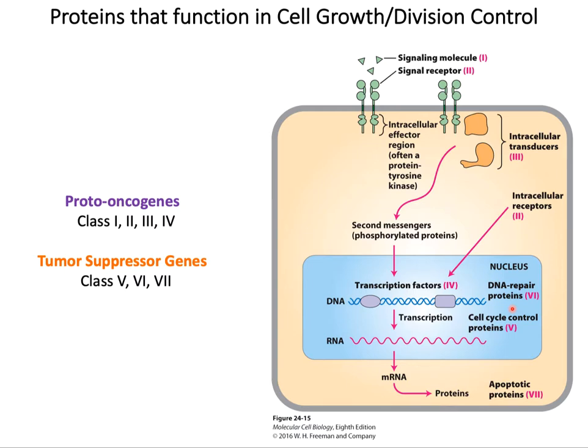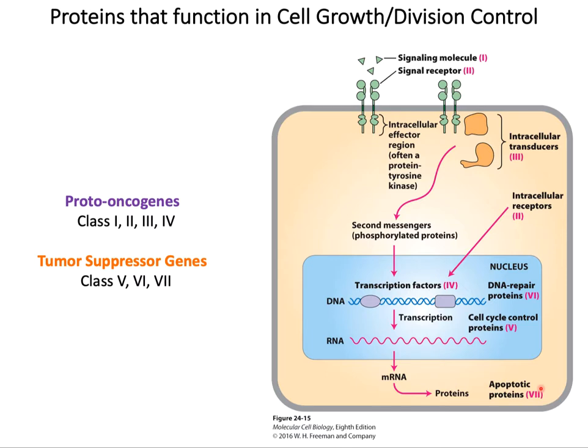The tumor suppressor genes include apoptotic proteins as well. They are shown as class 7. These are proteins that regulate apoptosis. We didn't talk about apoptosis in this class, but apoptosis is programmed cell death. So these are proteins that promote apoptosis or promote cell death.